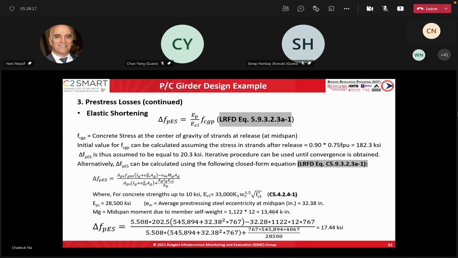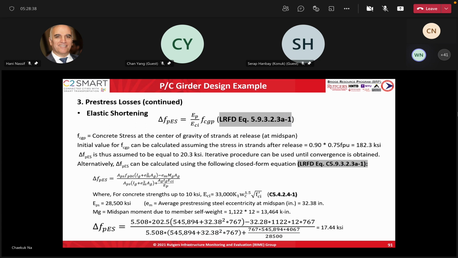Next slide. Okay, so the elastic shortening, as mentioned, occurs because the compression force would shorten the whole member, and because the whole member shortens, in turn, the strands will be shortened, and thus there will be some losses. Now, how is it calculated? It's Ep over Eci.